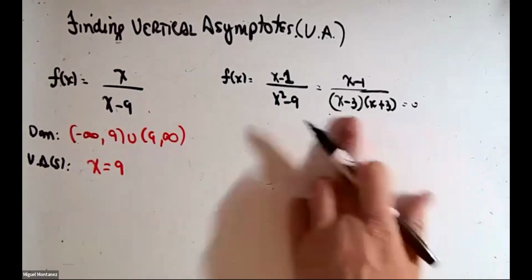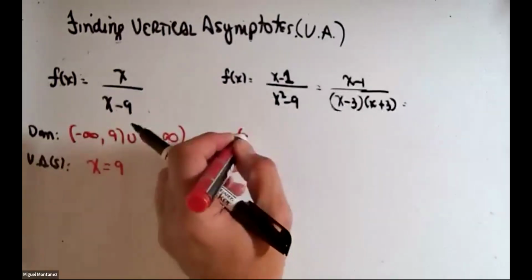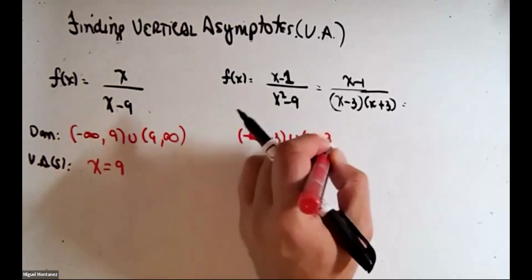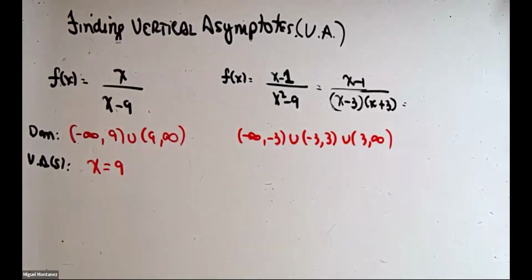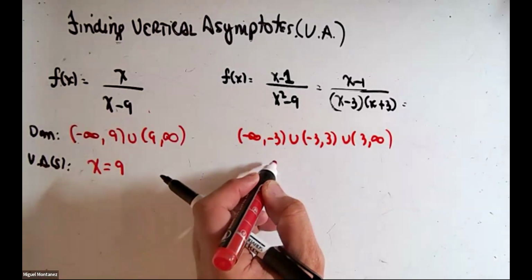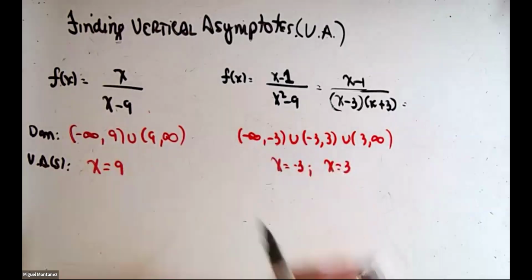So I must avoid negative 3 and positive 3. So my domain will be from negative infinity to negative 3, union negative 3 to 3, union 3 to infinity. Since the function is in lowest form, in this case, my two vertical asymptotes are x equals negative 3 and x equals 3.